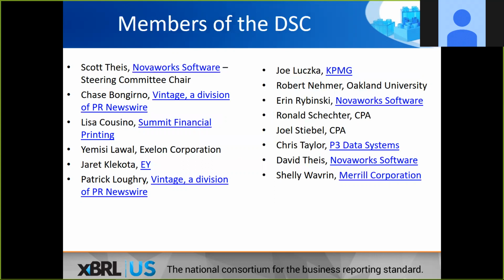So just to give you an overview of the Domain Steering Committee, it's a volunteer organization, and the slide shows who the members of the DSC are. This group over the past year and a half has been developing the XBRL US taxonomy review and certification process, which includes a series of documents to help stakeholders build better and successful taxonomies.